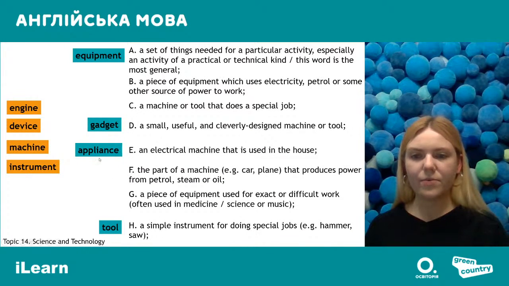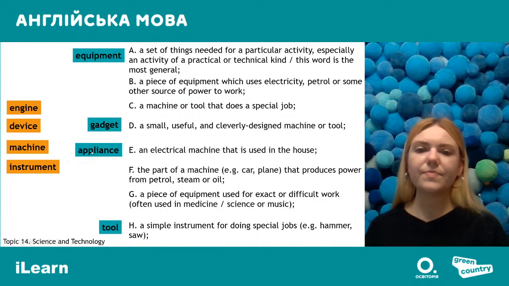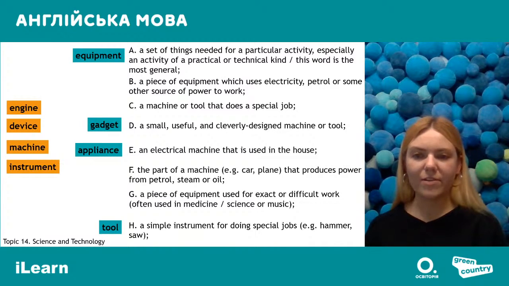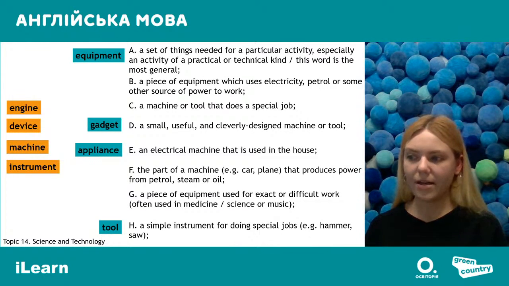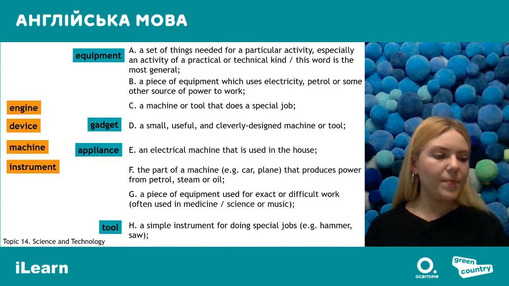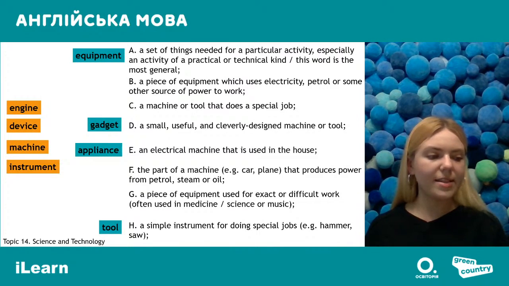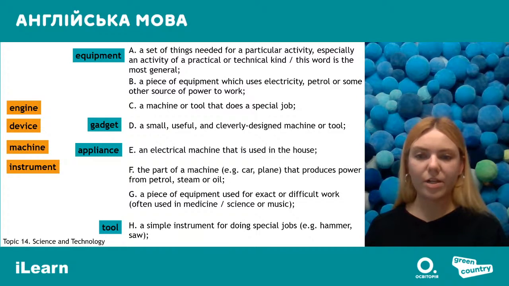First of all, we can use appliance to talk about things which we use at home. So they are used in the house. Some examples of appliances can be a washing machine, a dishwasher, an electric oven, a microwave oven, etc. So appliance, that can be побутові електроприбори.